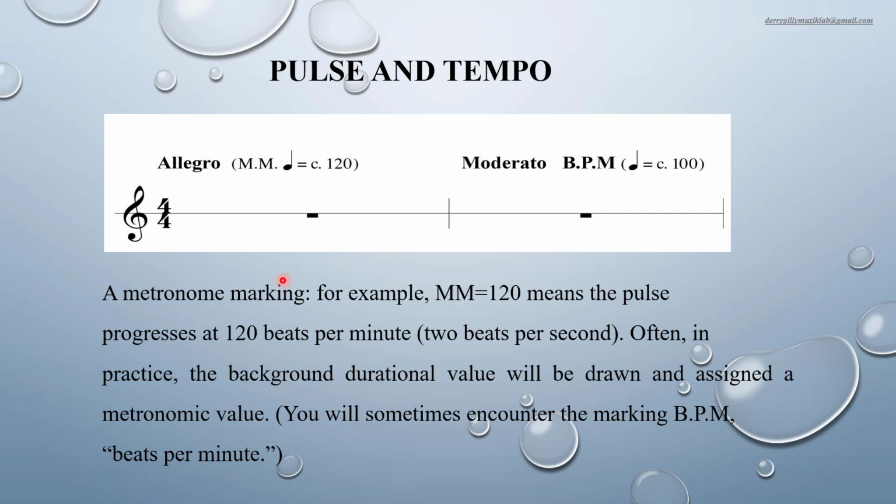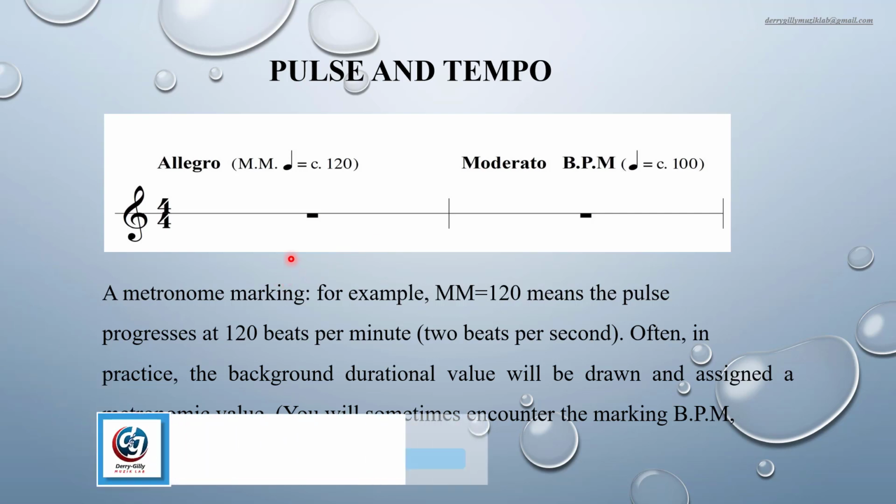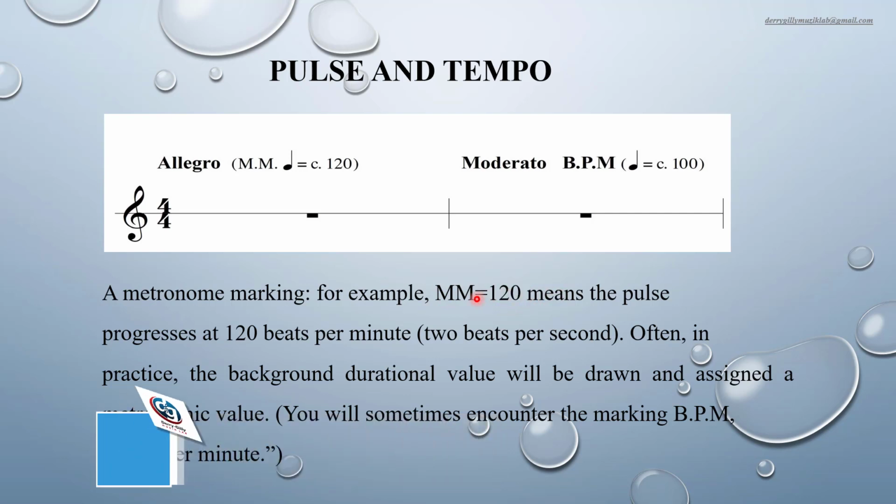A metronome marking, for example, quarter note equals 120, means that the pulse progresses at 120 beats per minute. That is 2 beats per second. Often in practice, the background duration value will be drawn and assigned to a metronomic value.